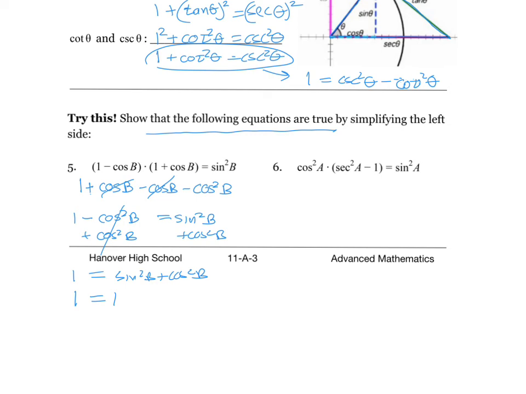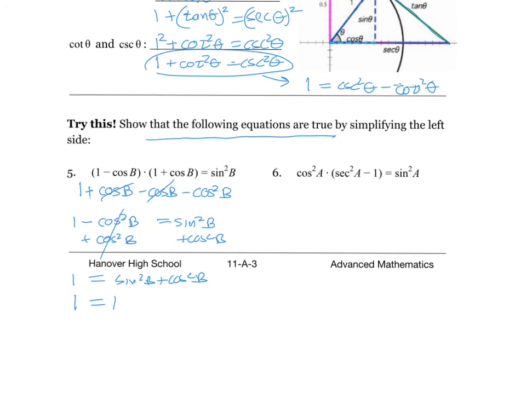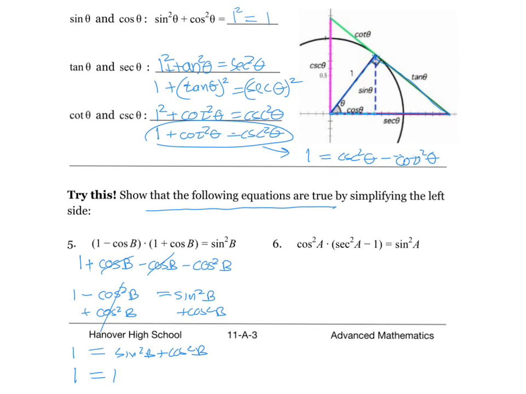Next up, we're going to look at number 6. Secant squared a. I'm thinking this might be familiar, so I'm going to go peek upstairs. There is a Pythagorean identity that involves secant.